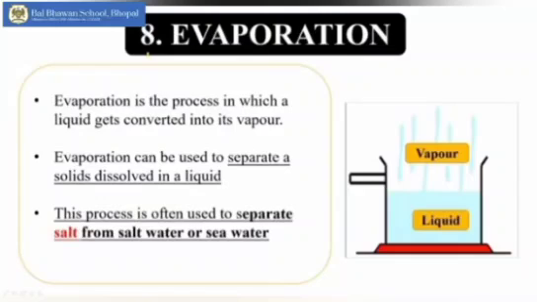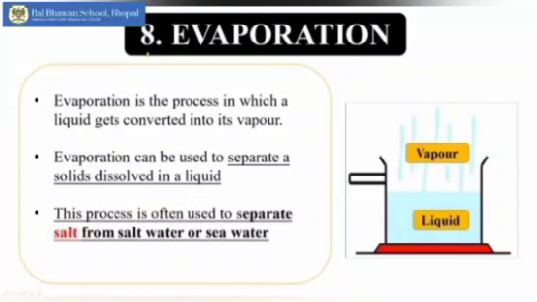Evaporation can be used to separate a solid that is dissolved in a liquid. For example, salt, when it is dissolved in water, forms a salt solution, or sugar, when it is dissolved in water, forms a sugar solution. So, salt and sugar can be separated from their solutions by the process called evaporation.